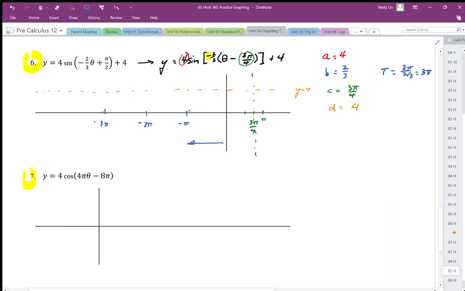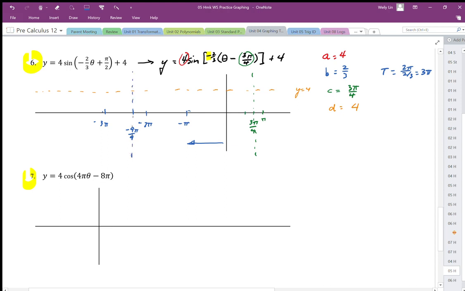So 3 pi over 4 minus 3 pi is going to give us negative 2 1/4, or in this case we'll just write it as 9 pi over 4. Okay, so we're going to subtract 12 pi over 4 from 3 pi over 4. We get negative 9 pi over 4. So this is my ending position.